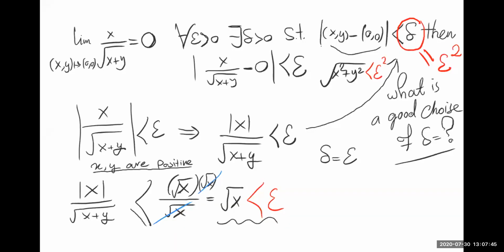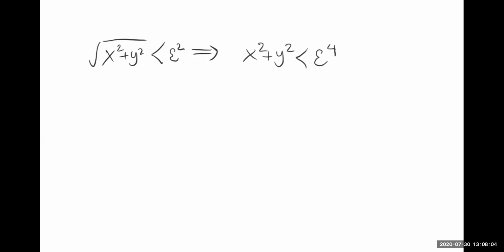So let me go to the next page, where we have enough space. So if I assume the square root of x squared plus y squared is less than epsilon squared, it means x squared plus y squared is less than epsilon to the 4. On the other hand, x squared is less than x squared plus y squared because y squared is a positive number. So x squared is less than epsilon to the 4.